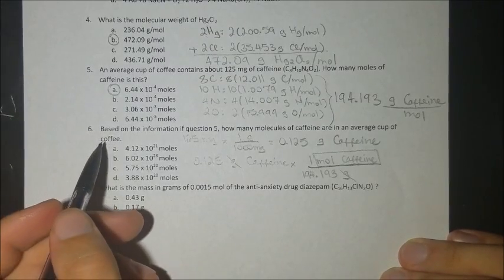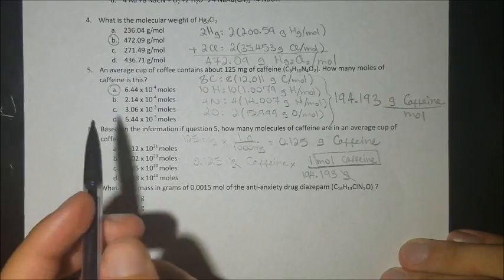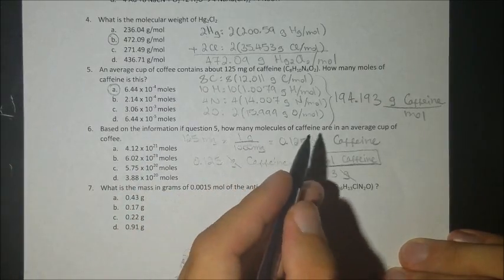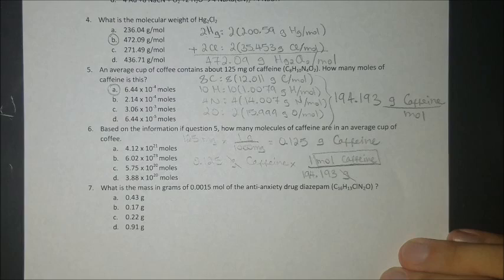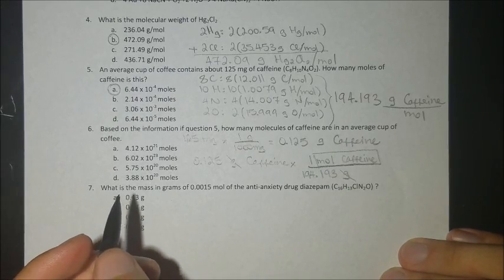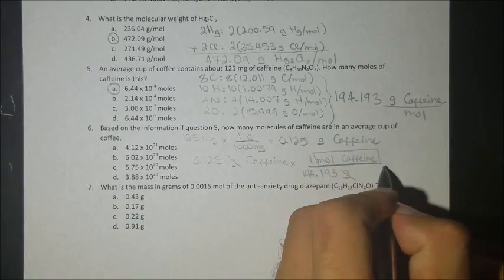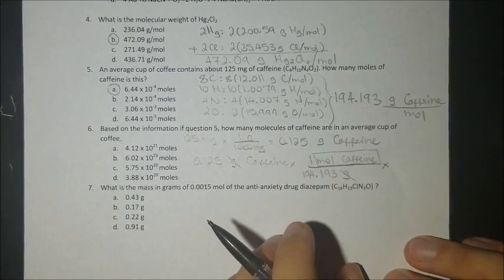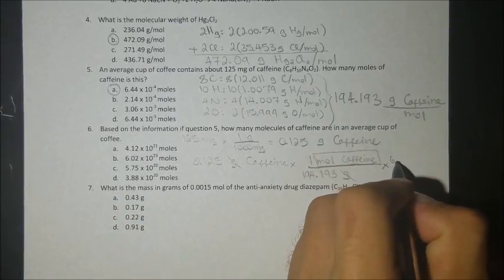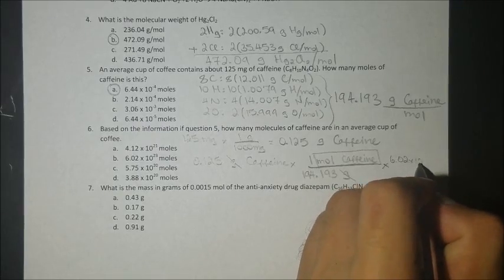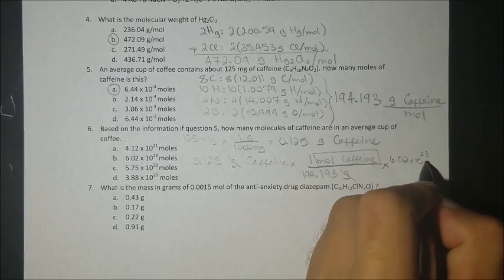Number 6 piggybacks off of number 5 and asks simply how many molecules of caffeine is this. So now that I have the moles, I'm just going to add onto this equation and say that there are 6.02 times 10 to the 23rd molecules.